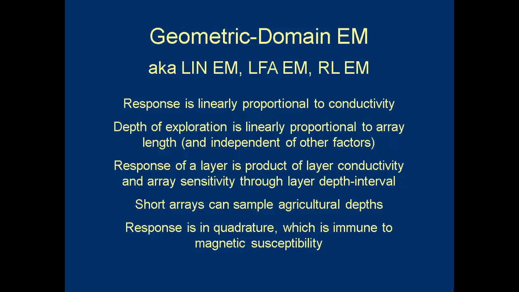The response to magnetic susceptibility is in phase with the transmitted field. Thus, instrumentation typically used in geometric electromagnetic induction separates these responses that are confounded in frequency and time domain electromagnetic induction.